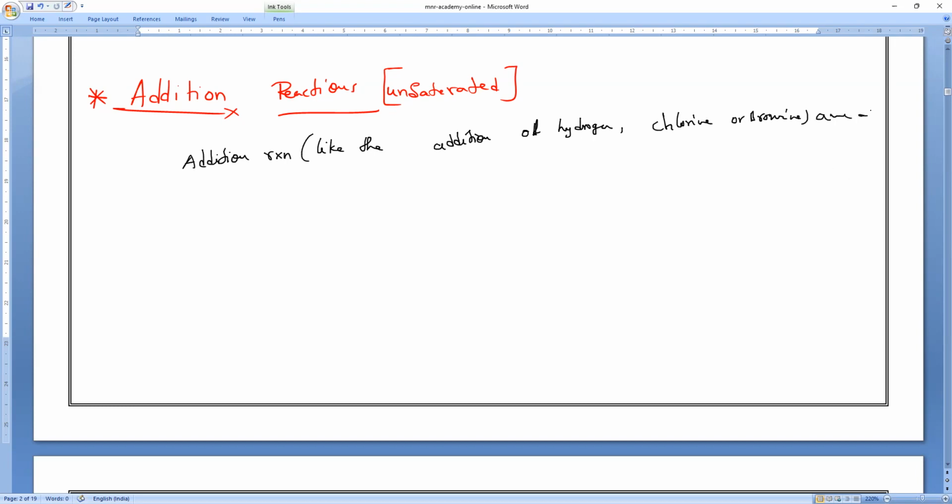Addition of hydrogen or bromine is a characteristic property of saturated or unsaturated? Unsaturated hydrocarbons. Note it.